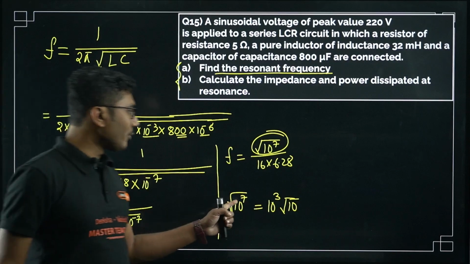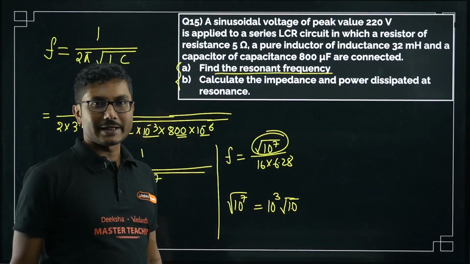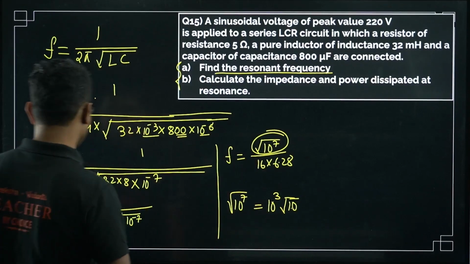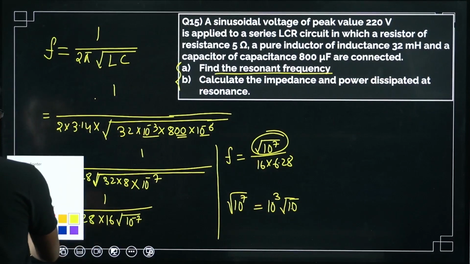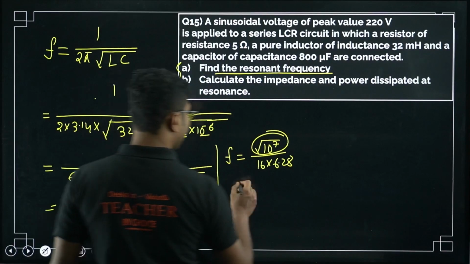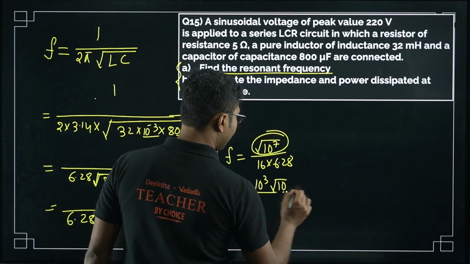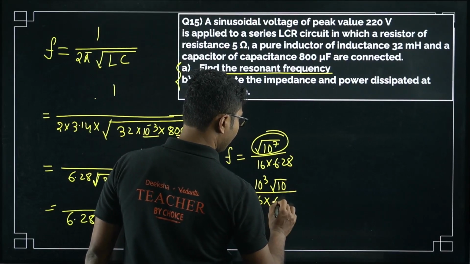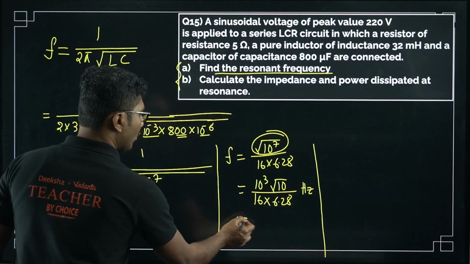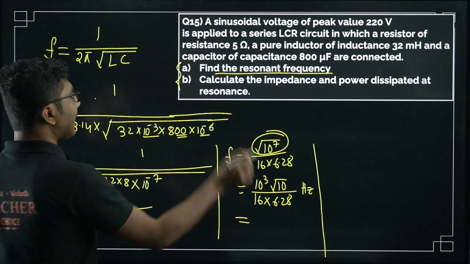We have divided 7 into 6 plus 1, so 1 remains inside the square root and 6 comes out and becomes 10 to the power of 3. Use your calculator to find the final frequency, which is 10 to the power of 3 into square root of 10 divided by 16 into 6.28 Hertz. This is the frequency. You need to do one more step, and then calculate the impedance and power dissipated at resonance.